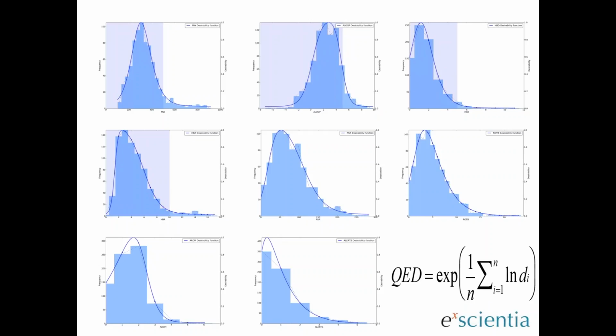So a compound with a molecular weight around 350 will have a desirability for molecular weight of 1, while if it has a molecular weight of 800, its desirability would be almost 0. Then all of these functions, which vary between 0 and 1, can be combined into one single measure called QED.